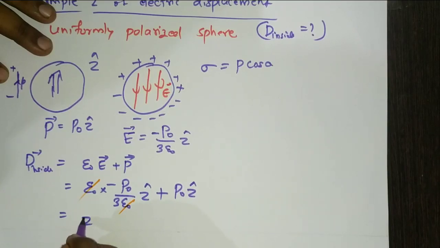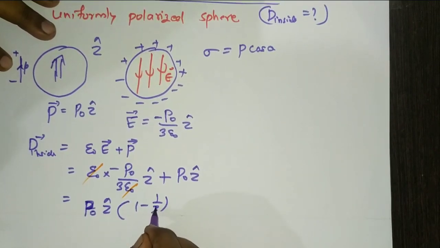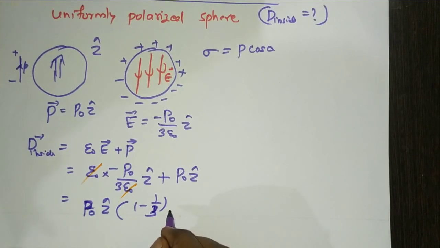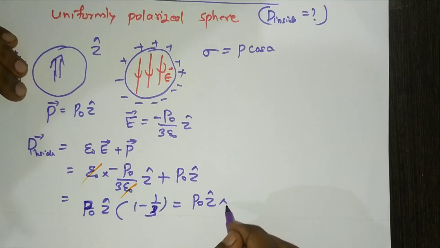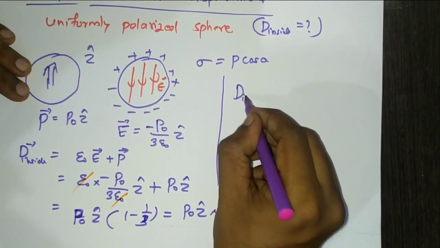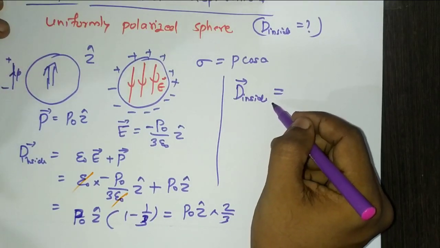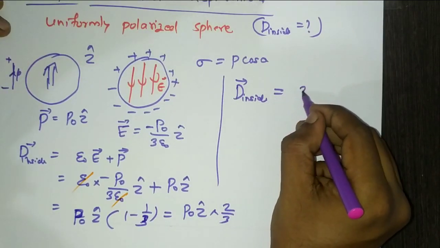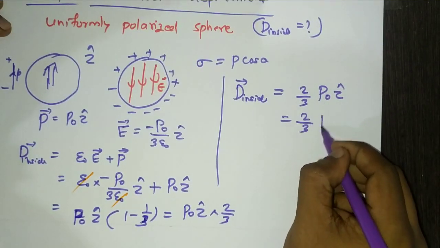If I take P0 z cap outside, this will be 1 minus 1 by 3, that is P0 z cap into 2 by 3. That is, inside the dielectric material, the electric displacement vector of this uniformly polarized object is nothing but 2 by 3 P0 z cap, or 2 by 3 P.